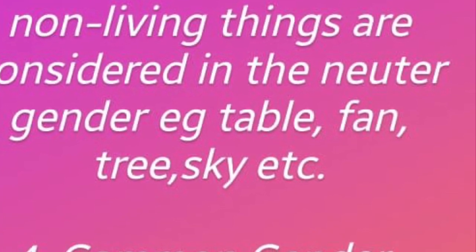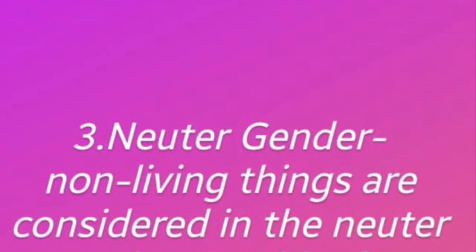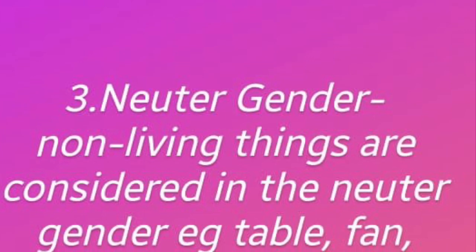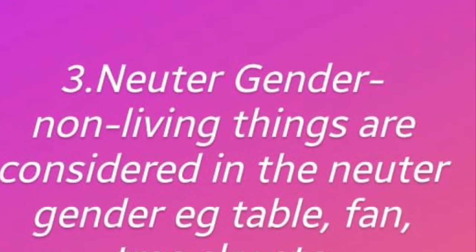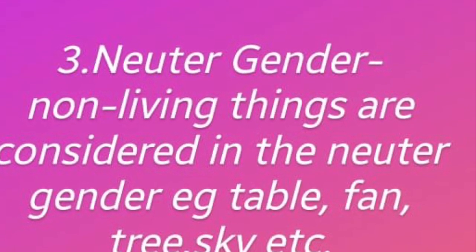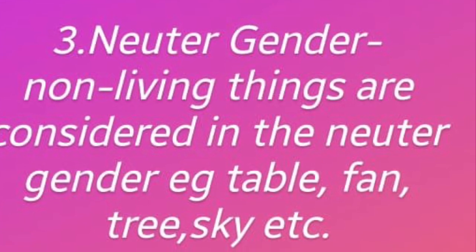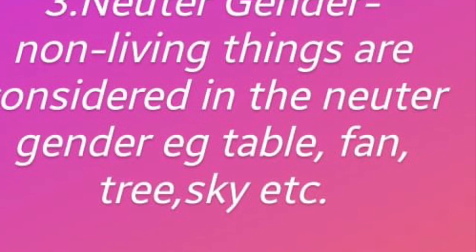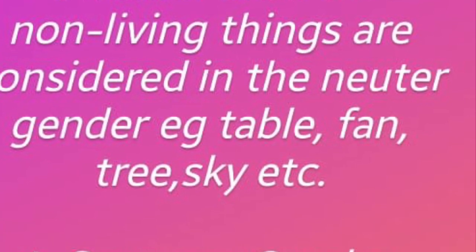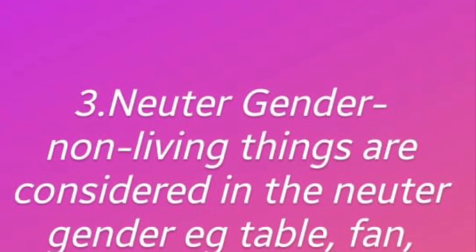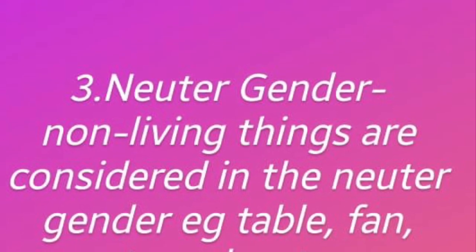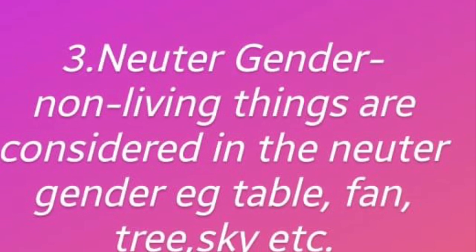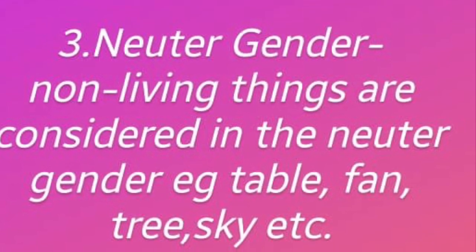Example, table, fan, tree, sky, etc. So whenever we are talking about anything which is a non-living thing, that comes under the category of neuter gender. Okay. So it's very easy, and the moment you will be solving your grammar exercises, you will understand these things, right?